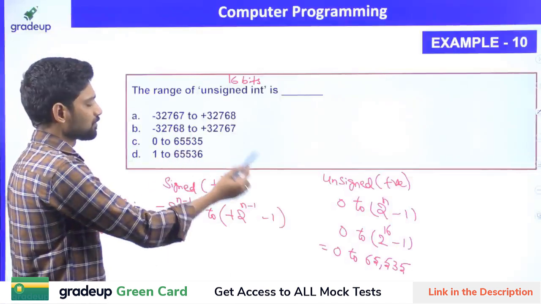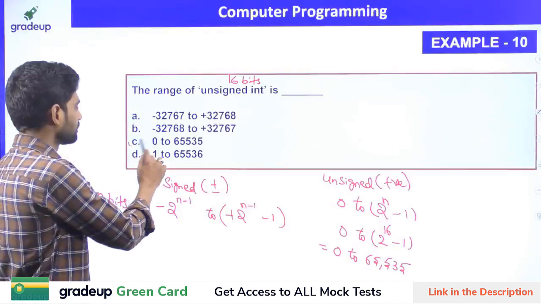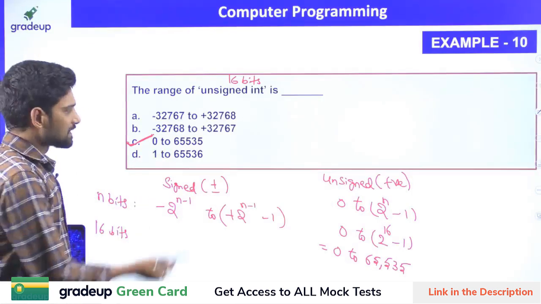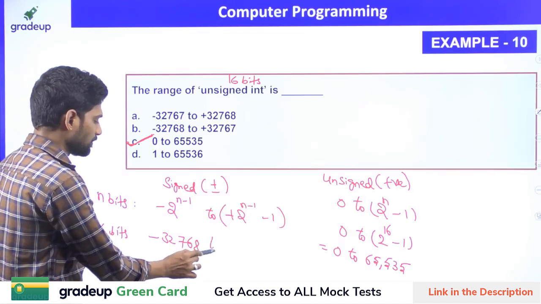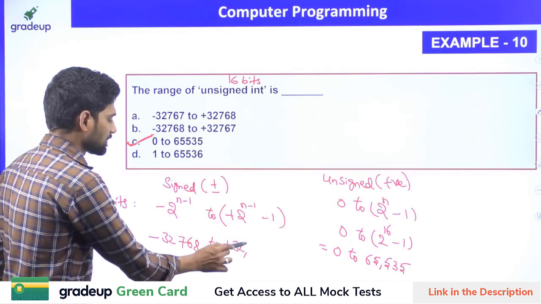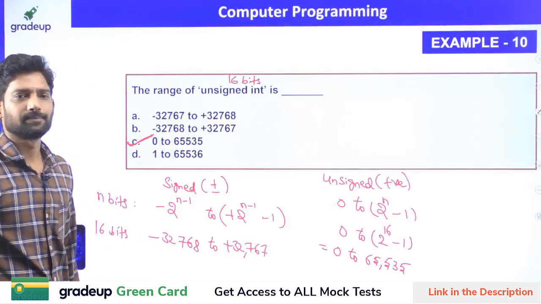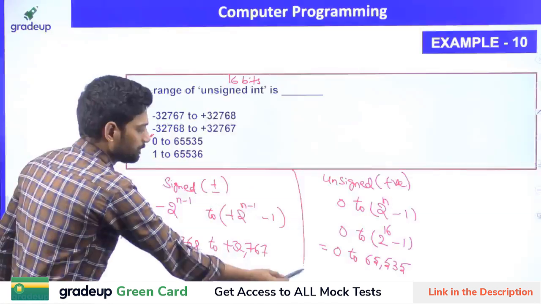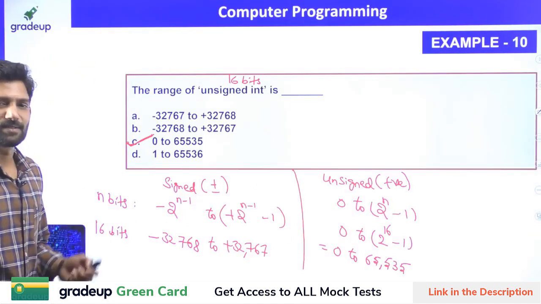So what is the range of unsigned integer? 0 to 65,535. If it is signed, minus 32,768 to plus 32,767 would be the answer if it is signed. Understood? Next question.